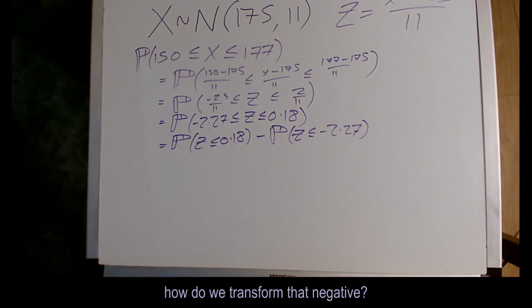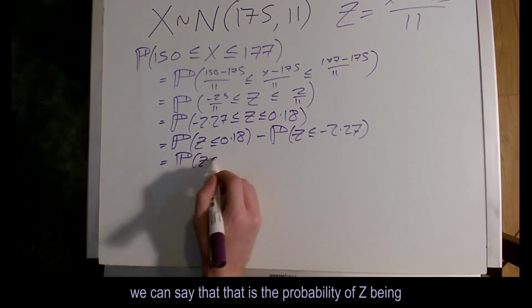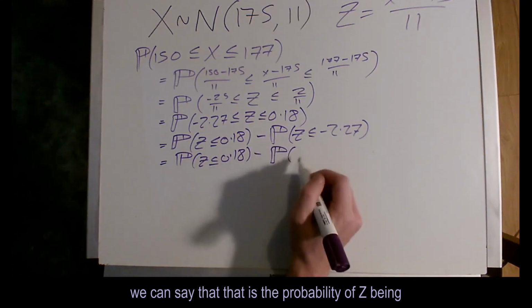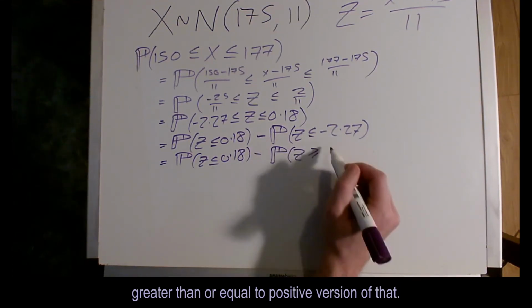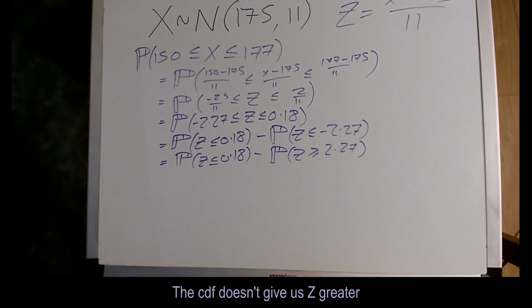How do we transform that negative? Well, we know because it's symmetrical, we can say that that is the probability of z being greater than or equal to the positive version of that. The CDF doesn't give us z greater than, it only gives us z less than. So how would we transform that?